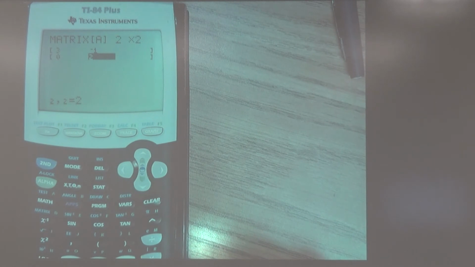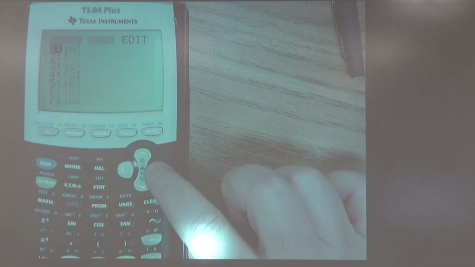Hit enter once again on last just to make sure it's in there. And then I can quit, go into matrix, edit number 2, which is a 2 by 3, 2, 5, 0, negative 1, negative 2, positive 3. Hit enter one more time on the last one to make sure it's in there.